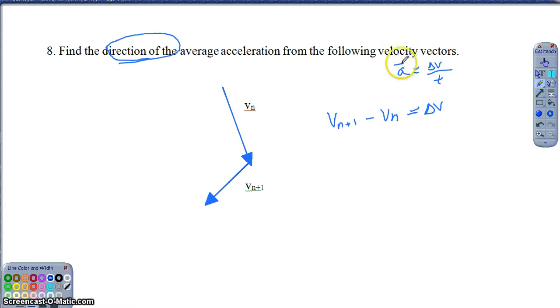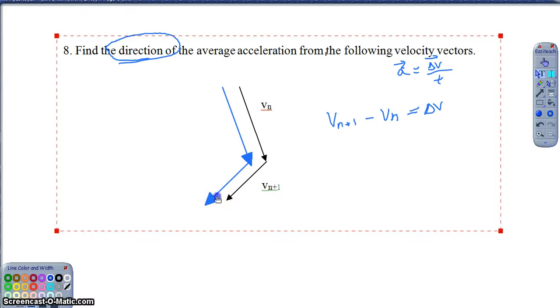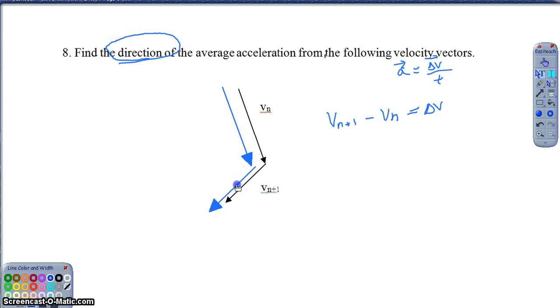And we know that the acceleration vector is going to be in the same direction as the change in velocity. That's what this equation really shows me. So then all I have to do is I take my second vector, and then I subtract the first vector from it.